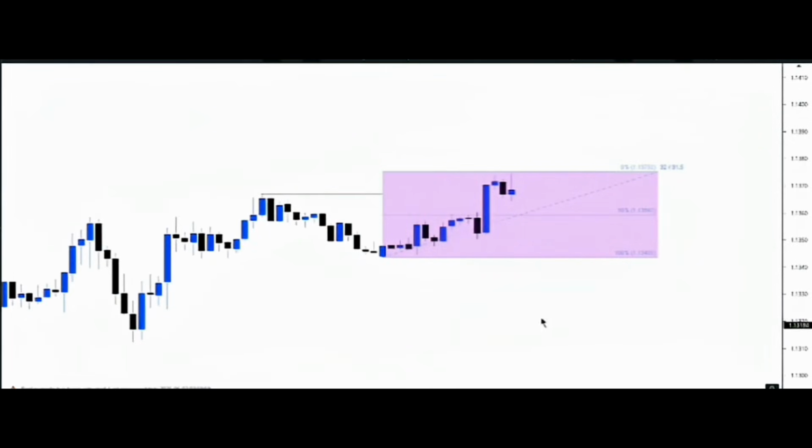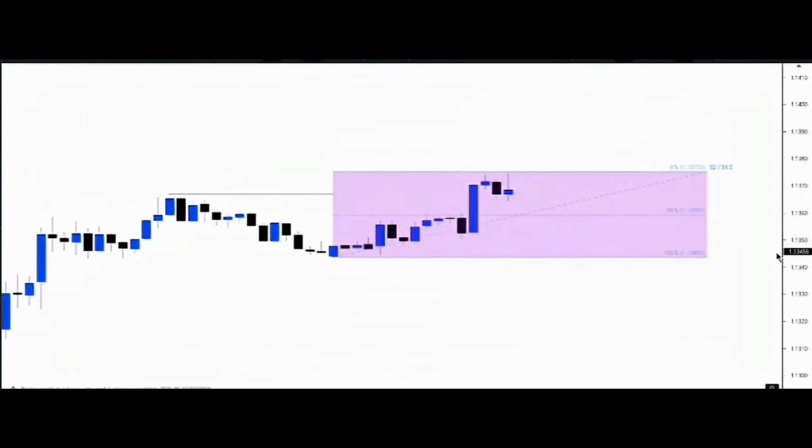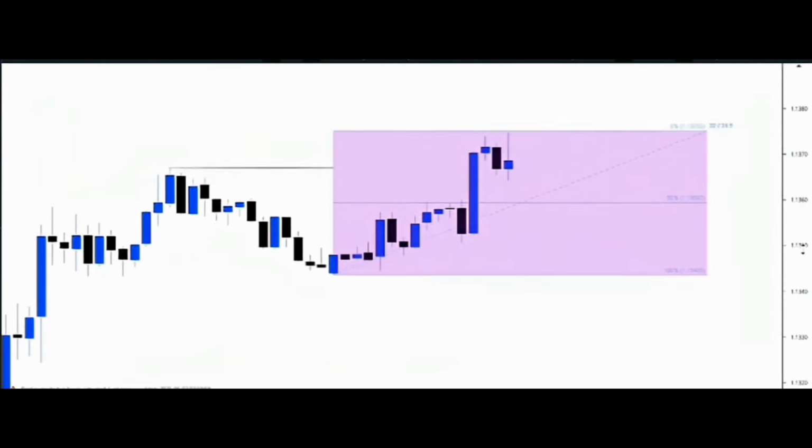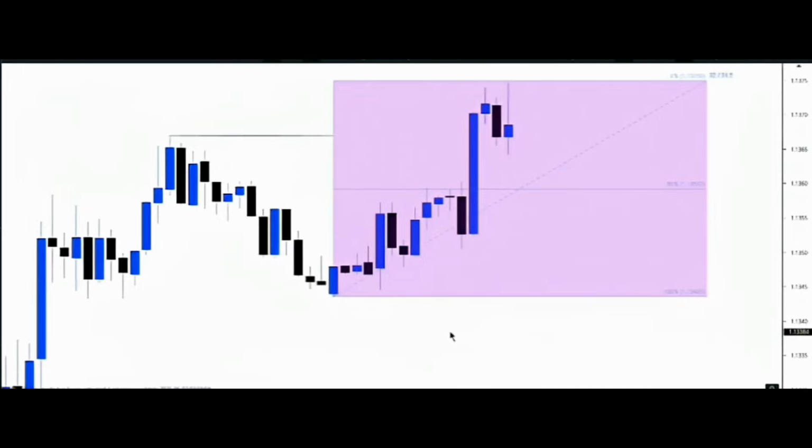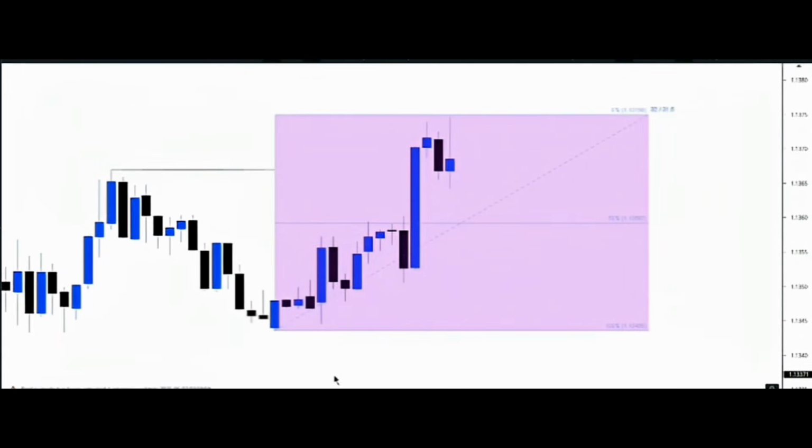So let's get to the 15M right away. It's our 15M. And I said the second thing you need to do when you get to your lower time frame is to look at the structures of the market. Begin to read the structures of the market. If you look at the structure of the market, let's start from this low. From this low, price pushed higher to this high and retraced.